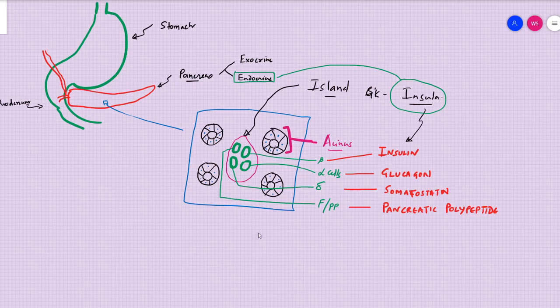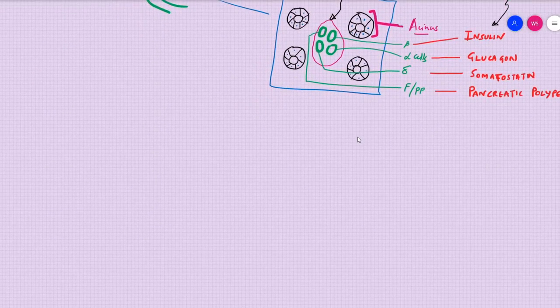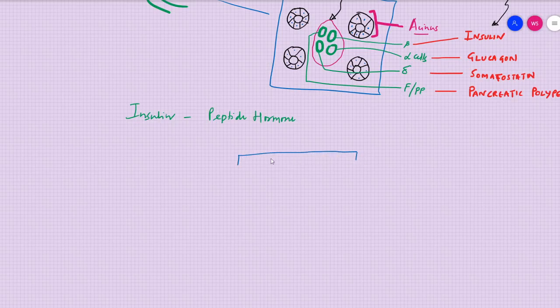Okay? So let's look. We have told that insulin is a peptide hormone. Let's look at some details of how this peptide looks. So this peptide is made up of 2 chains.